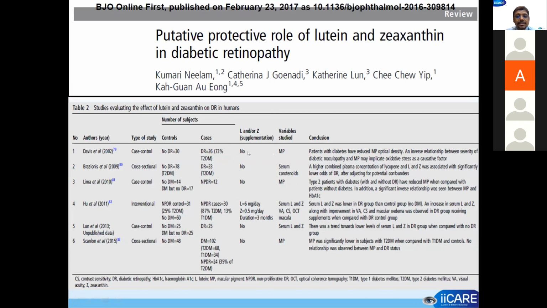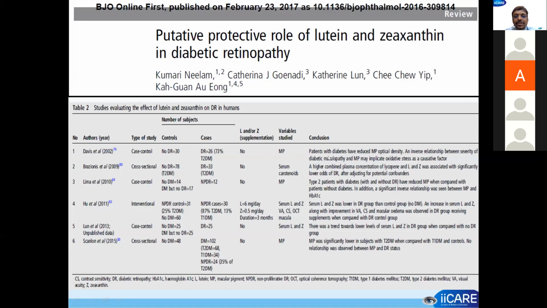One study was an intervention, where the patients received lutein and zeaxanthin supplementation, while the rest studied the levels of lutein and zeaxanthin and how they correlated with the risk of diabetic retinopathy.